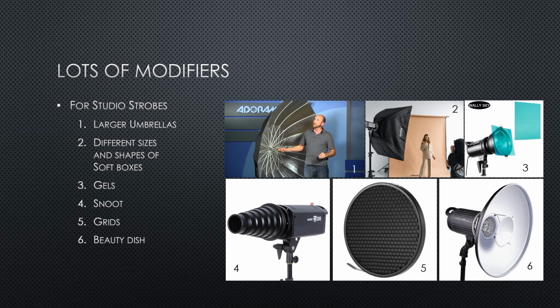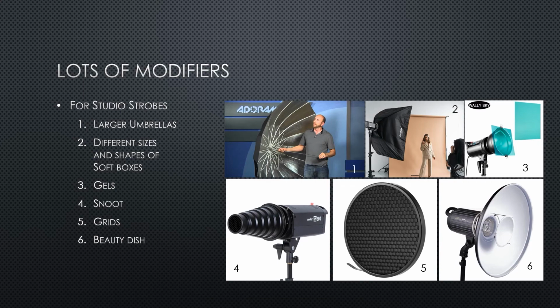Number 4 shows a device known as a snoot, which basically focuses the light into a smaller area and shields everything else from getting any light. This is really helpful when you're needing precise placement of accent lights. Number 5 shows a grid, which can clip onto the front of your strobe and have basically the same effect as a snoot.